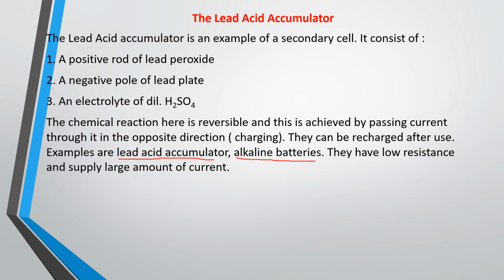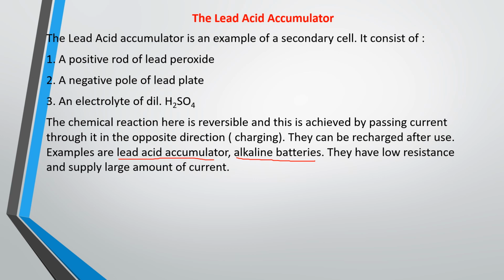These are the ones we use in some cameras and in some other electronic devices. One key thing about these batteries is that they have low resistance and they supply a large amount of current. That is one good thing about this secondary cell or lead acid accumulator.